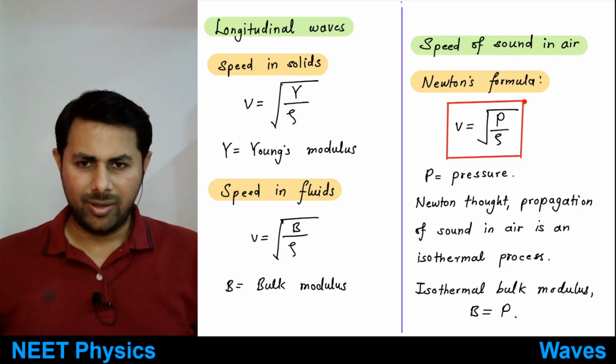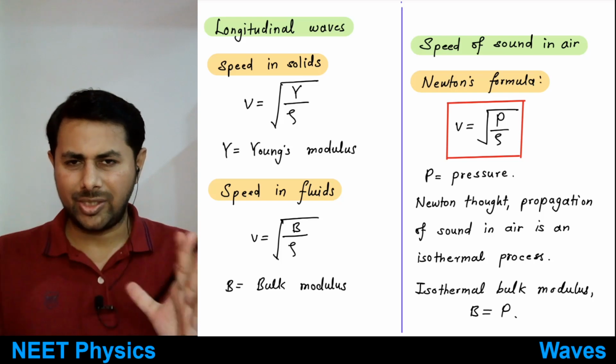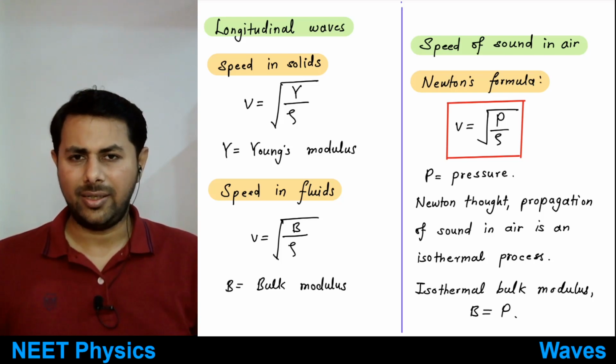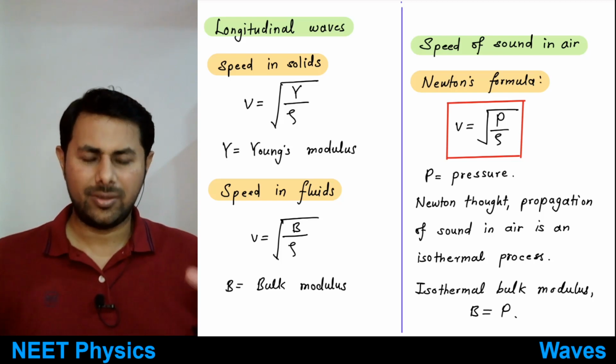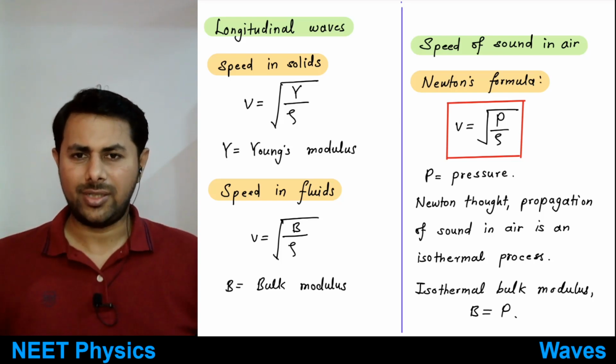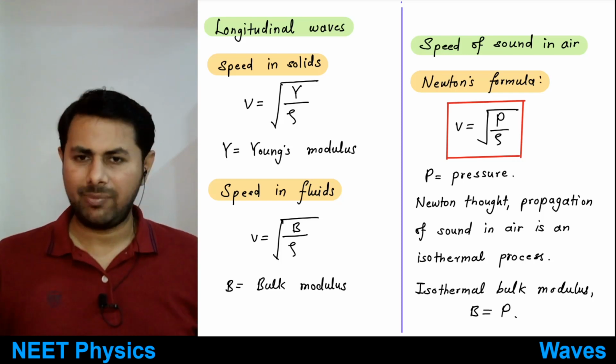But for this to happen, the production of compression and rarefaction must be very slow, because the heat should get enough time to get dissipated to the surrounding. To establish equilibrium, you will need some time.